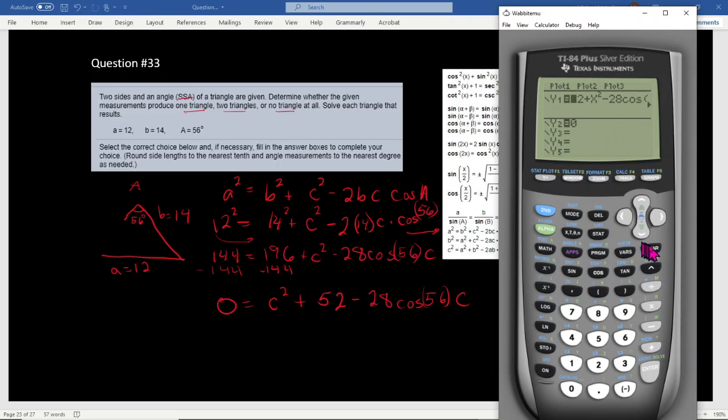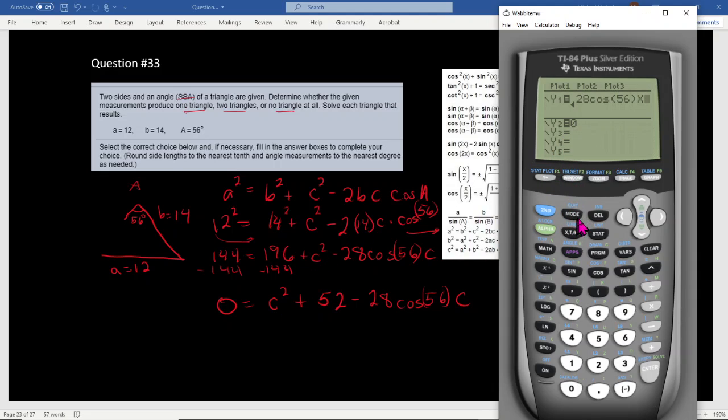So actually I've done this to check. There's the 52 plus x squared minus 28 cosine of 56 x. So I've replaced c with x. And then it's all equal to 0, so we've got that.